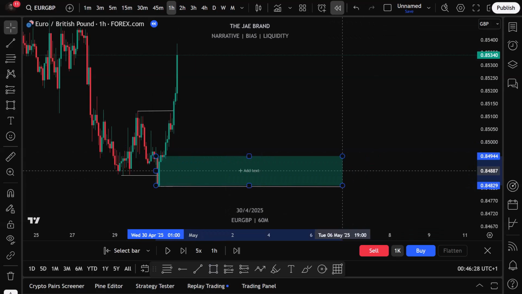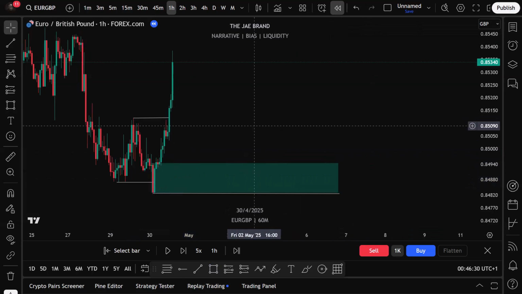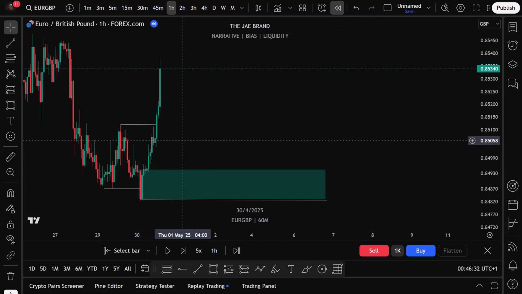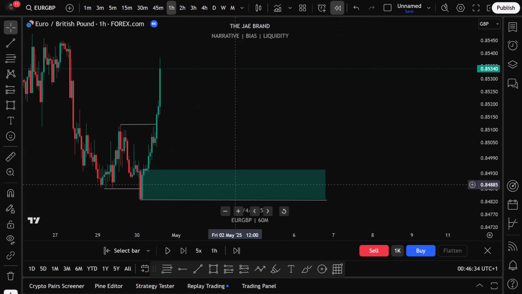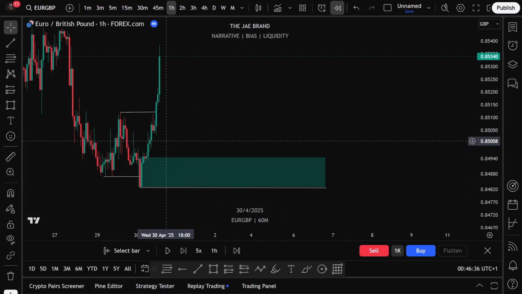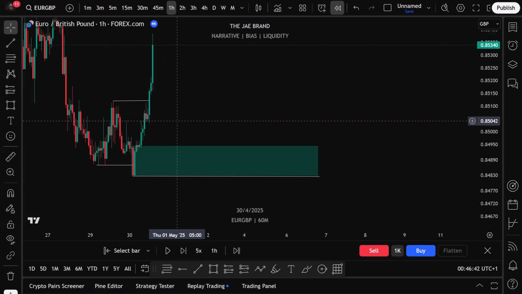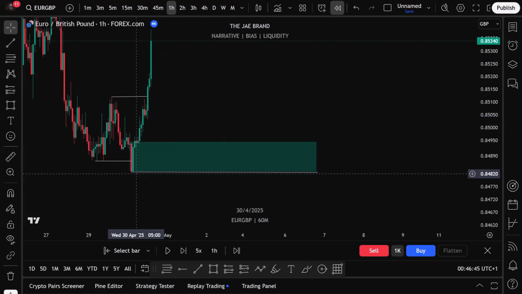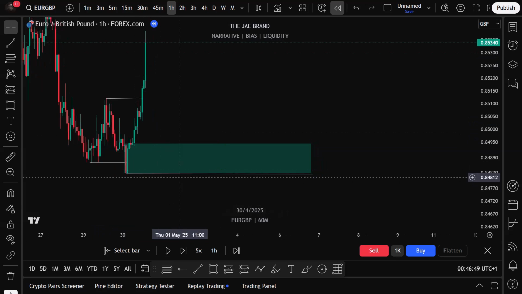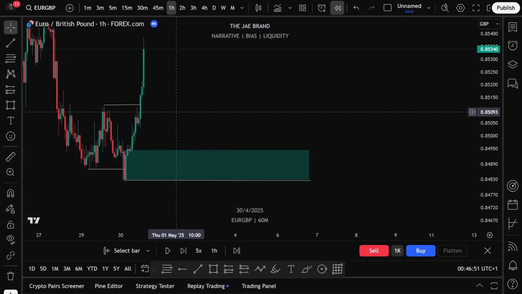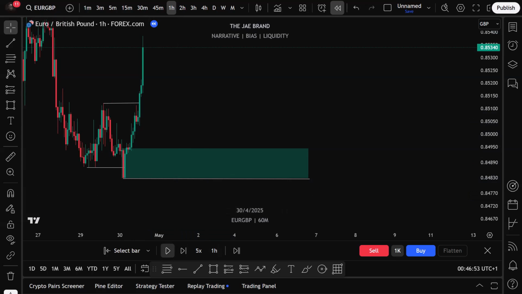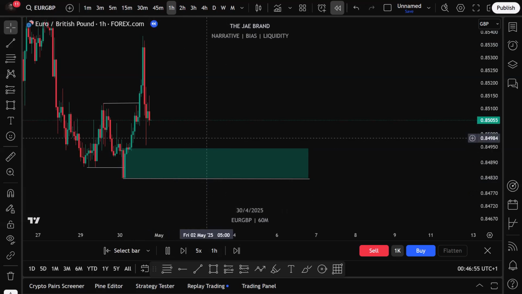So now we are expecting price to correct itself into our POI, but because there is no structural liquidity, we are already anticipating that this low will be induced. This low will be swept because there is no structural liquidity.